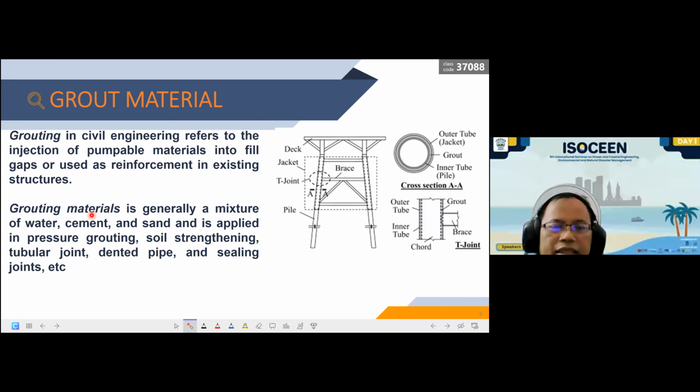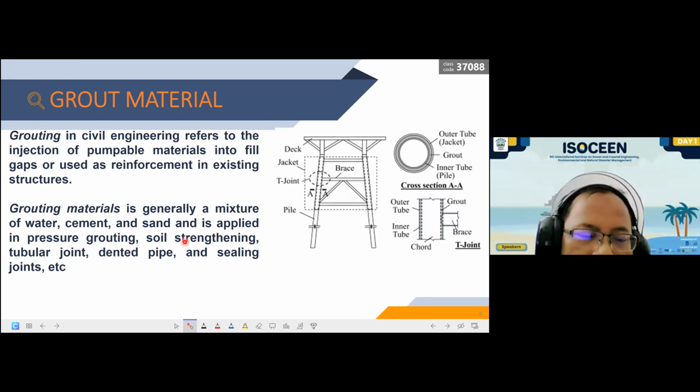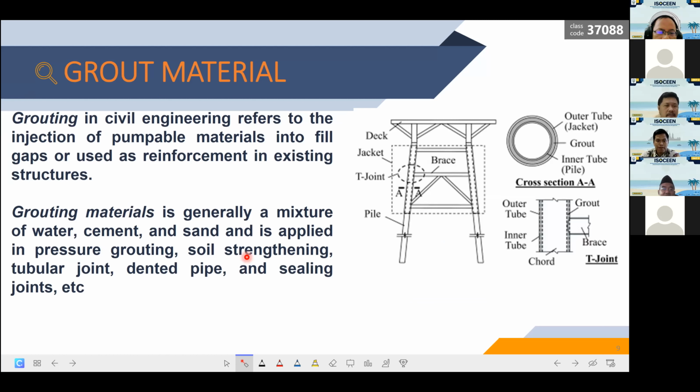Grouting material is generally a mixture of water, cement, and sand, and is applied in pressure grouting, soil strengthening, tubular joint, and so on. The technique uses grouting material to make a soil more strengthened.